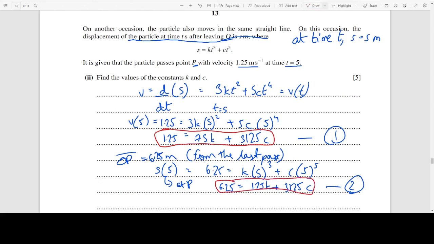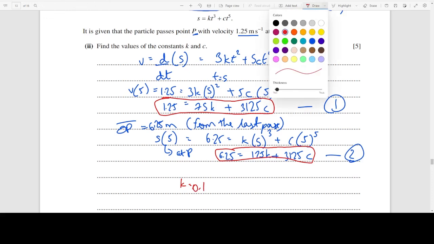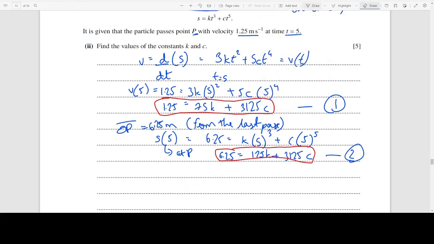If you simultaneously solve these, you'll get k is equal to 0.1 and c is equal to minus 0.002.